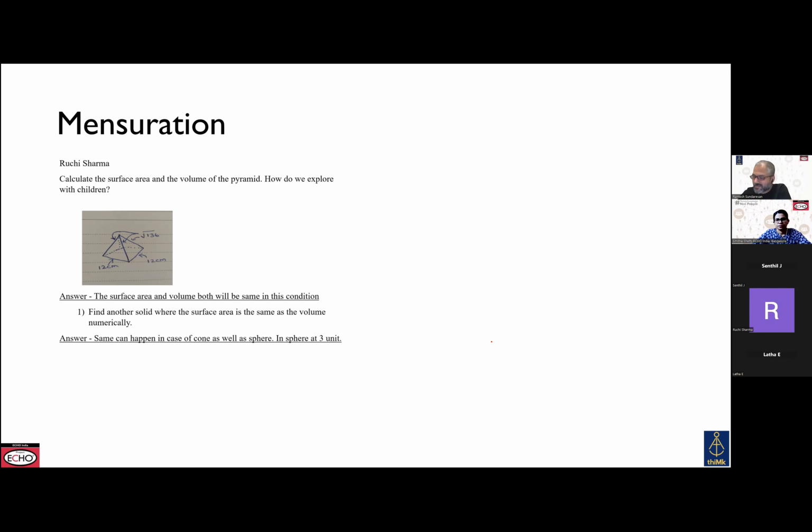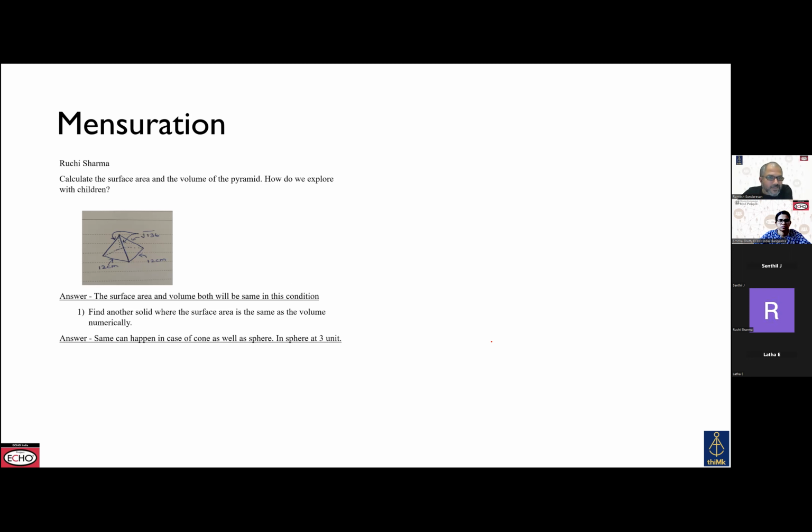There is definitely some way to it. I think it is not for any cone for sure. The height is also very similar, right? The height should be lesser than the radius, I think. When I say height, the slant height should be lesser than the radius.